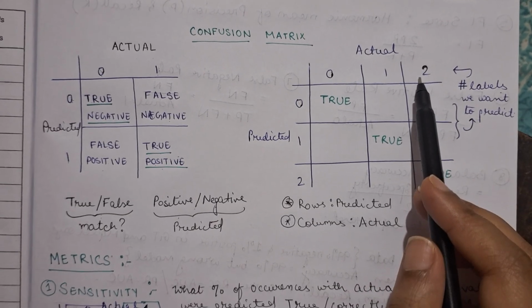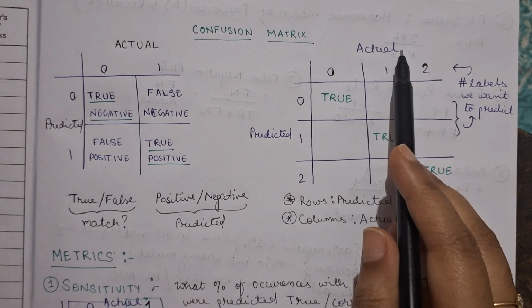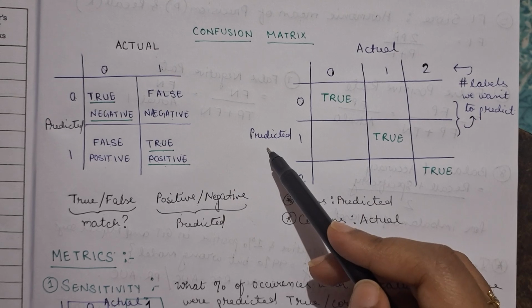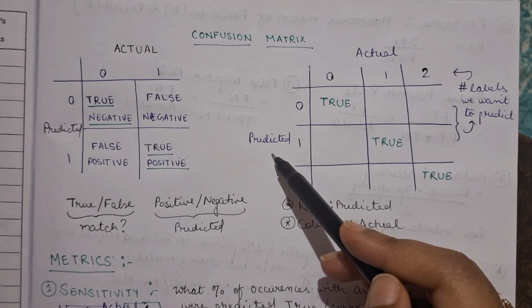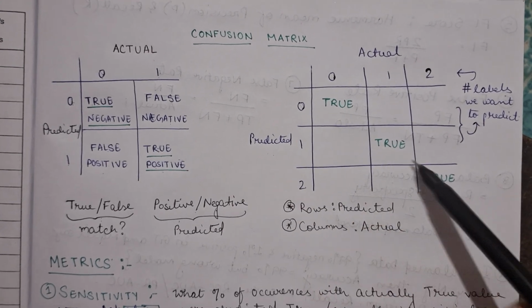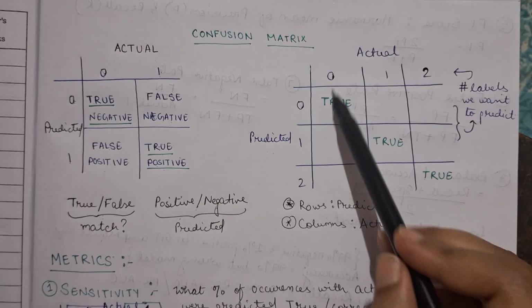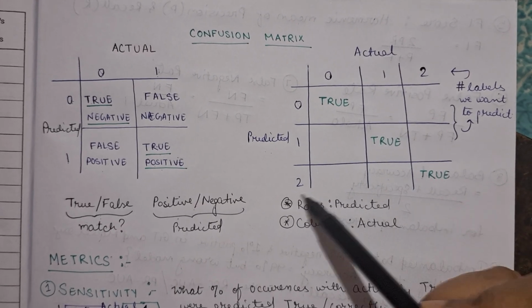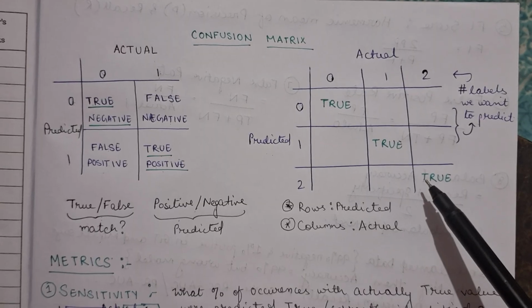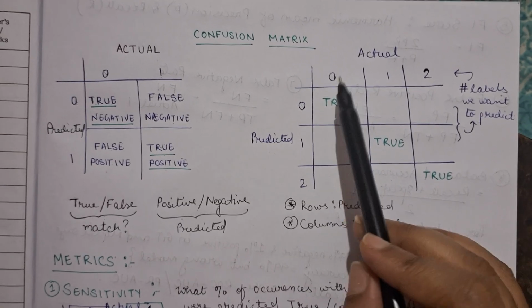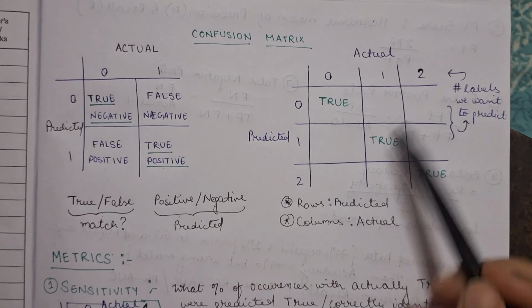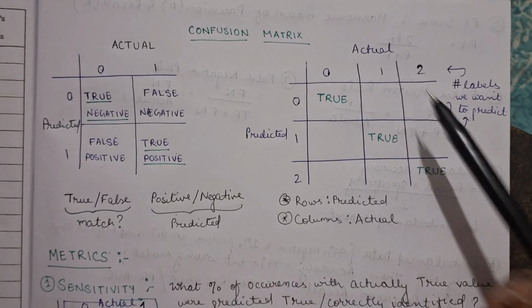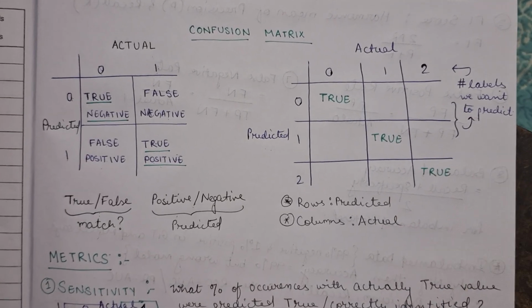Similarly we'll put actuals in the columns and predicted in the rows, and the diagonals will be the ones where we are representing the true or the matching values. We cannot say anything as positive or negative, but this is how the confusion matrix will grow if the number of labels is increased.